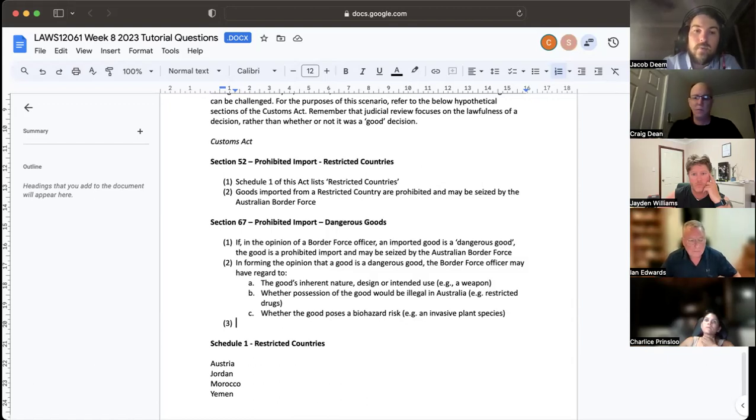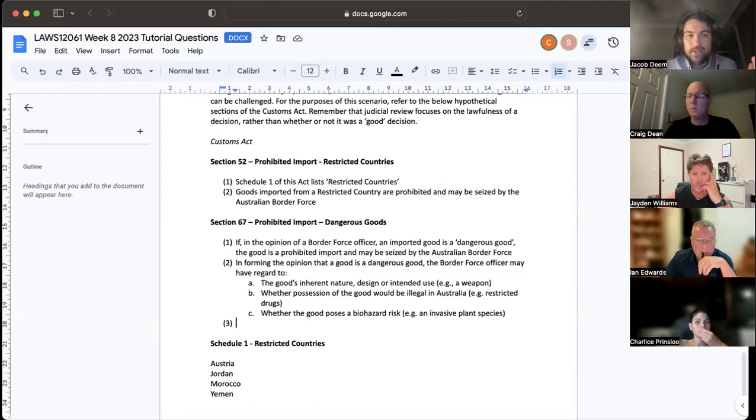But as always, the legislation is the key thing to focus on in guiding our answers. And that's why, in these scenarios, I try and give you legislation that's as simplified and clear as possible.